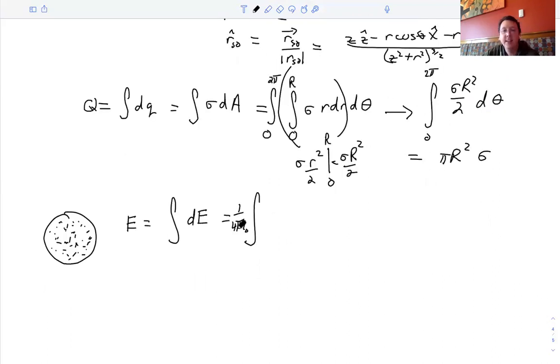Okay. So for the electric field, I'm using Coulomb's law. Remember that says that dE, applied to differentials, is going to be dQ over 4 pi epsilon naught times r hat over r squared.